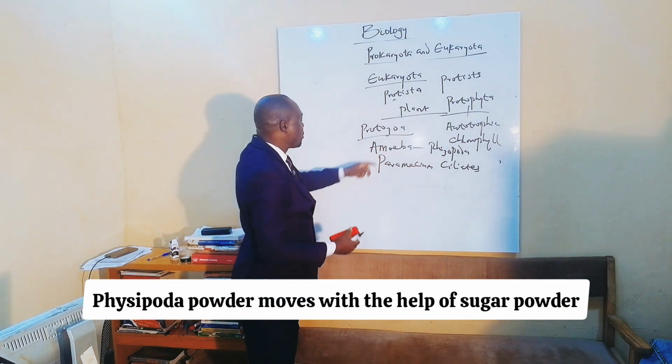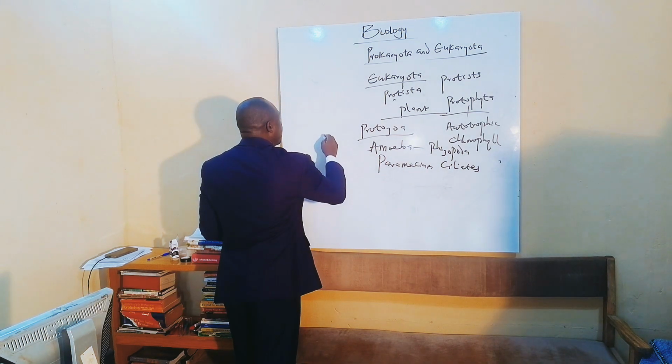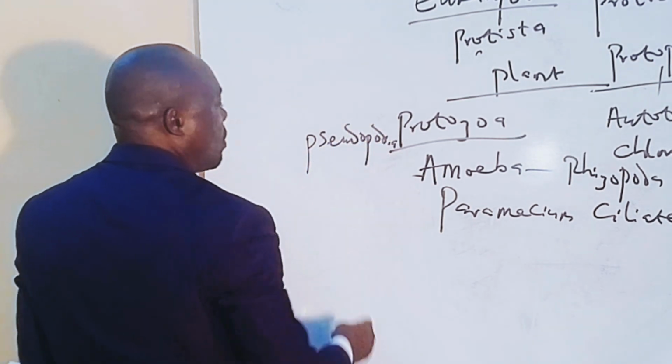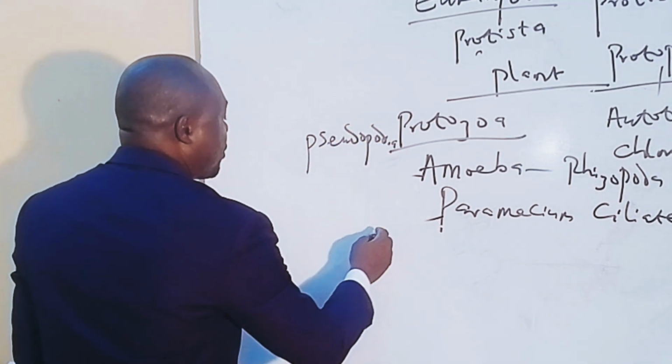Rhizopoda moves with the help of pseudopodia, while paramecium move with the help of cilia.